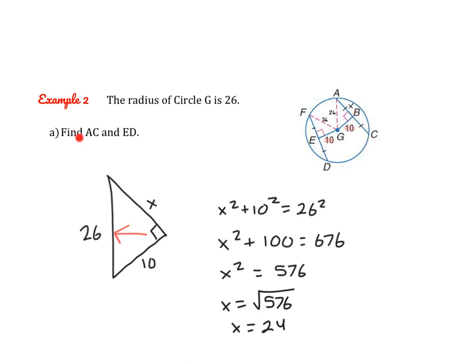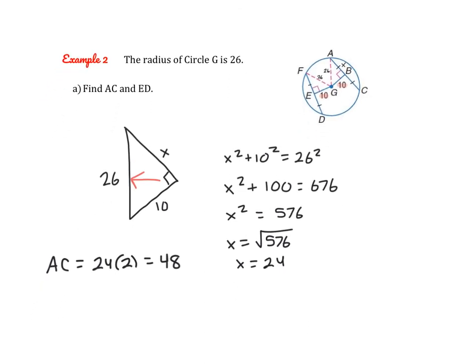So if I want to find the length of AC, well, AC is just going to be 24 times 2 because it has 2 of those smaller segments. So AC is going to be 48. But ED, if you look at where ED is, it's one of the shorter segments. So ED is just going to be 24.